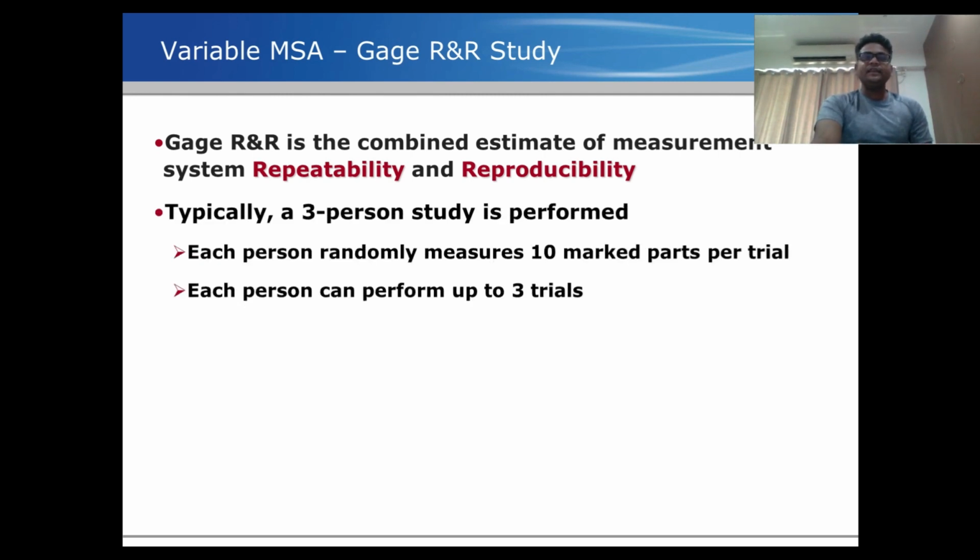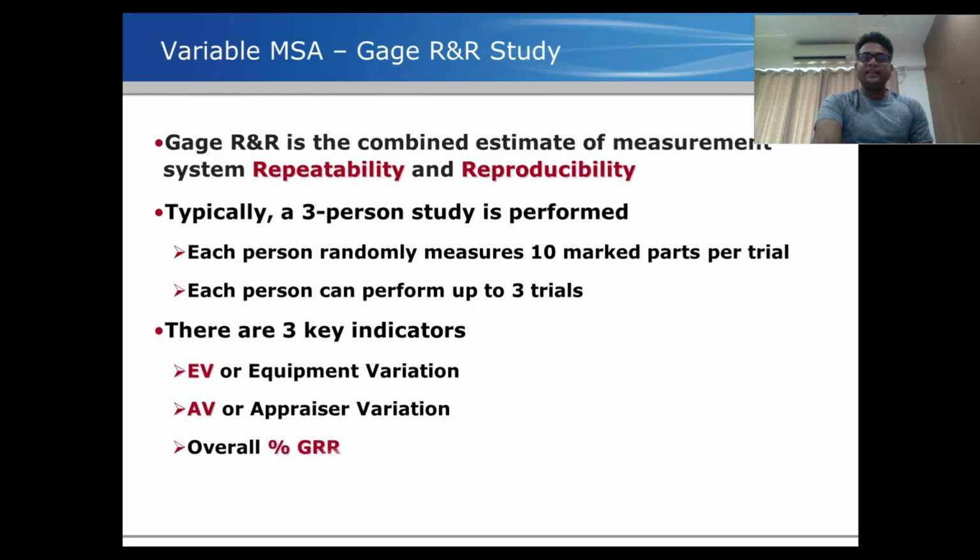Typically a 3-person study is performed in this case. Each person randomly measures 10 marked parts per trial, and each person can perform up to 3 trials. Here 3 trials have been taken. You can take 2 or 3 also, and out of 10 parts you can select 2 to 10 parts.